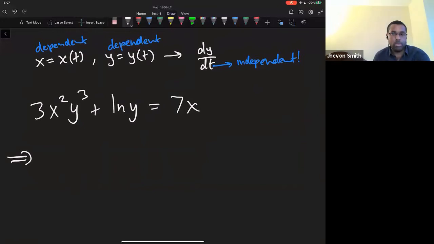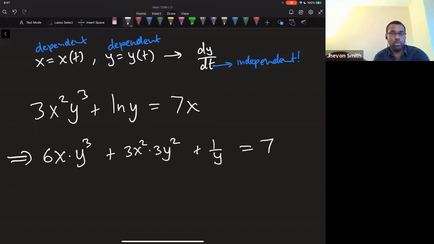What would you write down? Well, it's like the last one. 6x times y cubed plus 3x squared times 3y squared plus 1 over y equals 7.